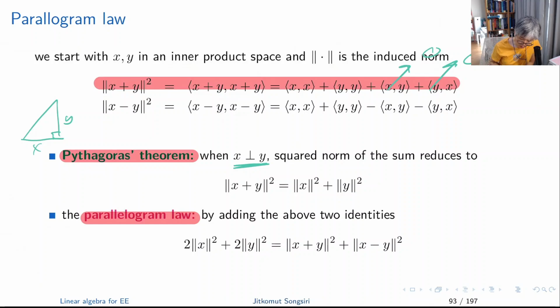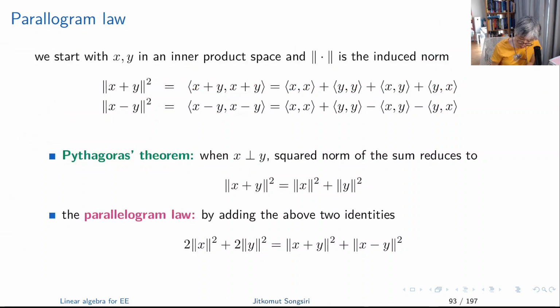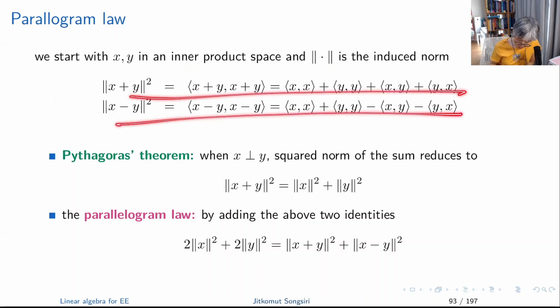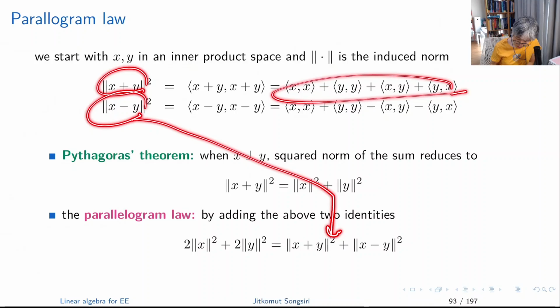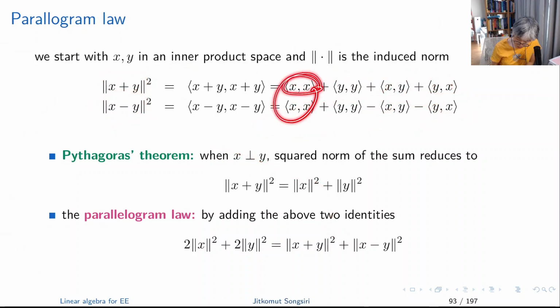Next, the parallelogram law is given by taking a look at these two, and we basically add them. When we add this and this, these terms cancel, and we get 2 times the norm of x squared plus 2 times the norm of y squared. So the parallelogram law tells us about the relationship in the parallelogram.